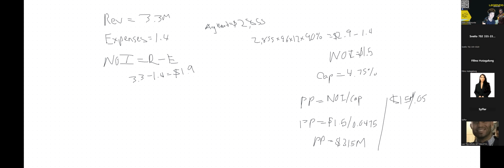Everyone try it. What do you get? There you go. 30 million?